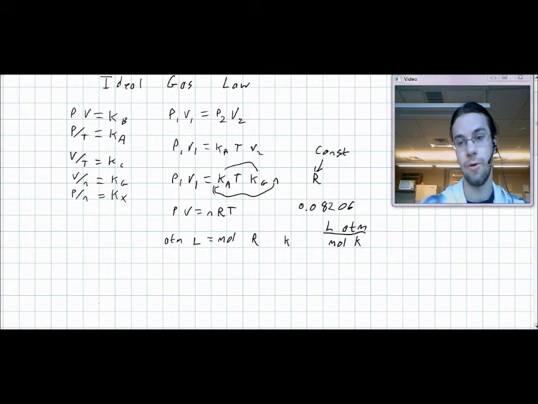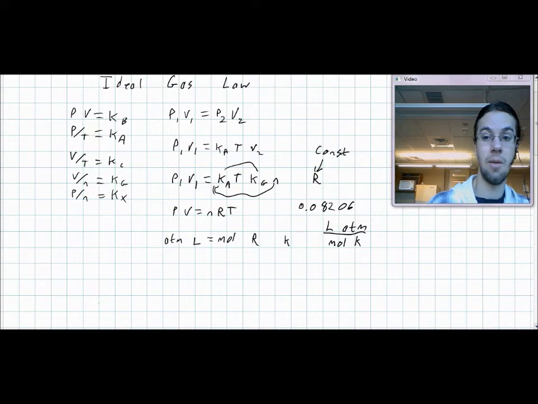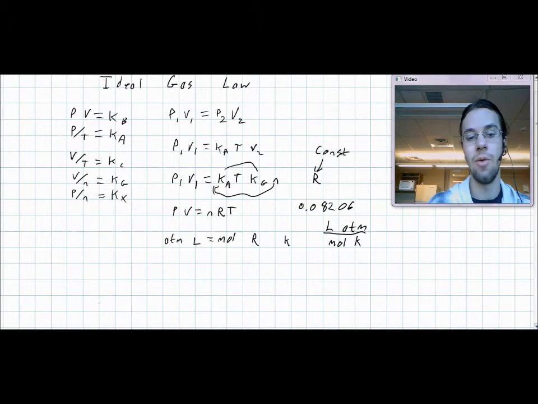To convert, say, atmospheres into bars is a 1-to-1 ratio, so that one's easy, and it's the same R value. But if you want to convert to torr, then you would have to do some math. But you could just look it up online. That's what I always do. And then figure out what that R value is if it's liters times torr over moles Kelvin.